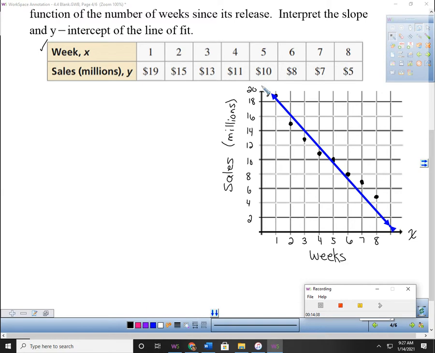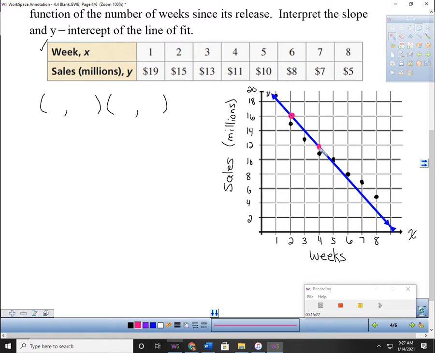So if we want to write an equation for a line, we need 2 points on the line, just like we did in the previous lessons. So this point looks like it's on the line, correct? So I'm going to color that in maybe pink so we can let that stand out. And then I'm just going to kind of follow this till I find another point on my line. So that looks like a point that's on my line as well.